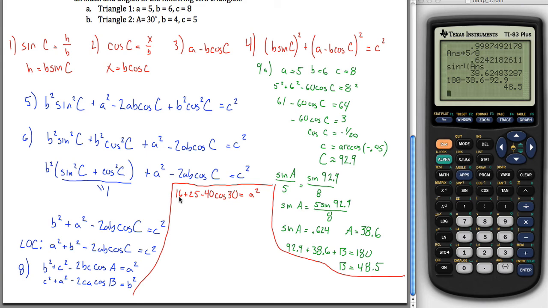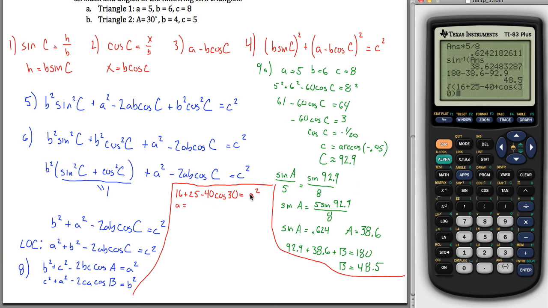So A is equal to this plus this minus this square root. A is equal to the square root of, should I write that out? No, I think you can follow that. The square root of 16 plus 25 minus 40 times the cosine of 30.